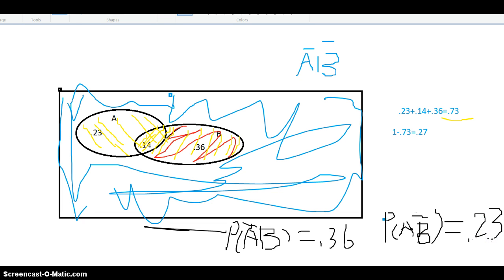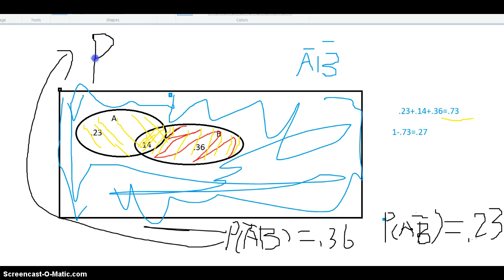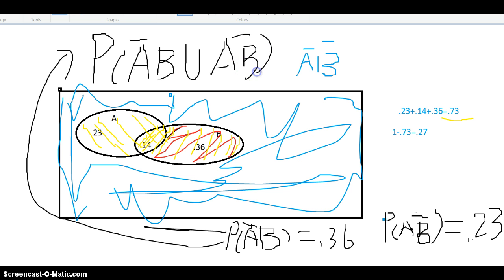Because it's either or, the answer is P of A bar B or A B bar. That would be this section here and the red section here, and you can see these two are disjoint.